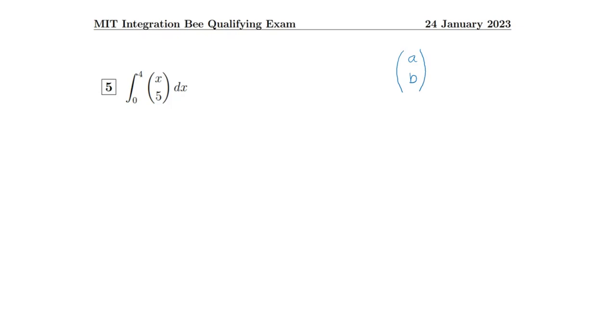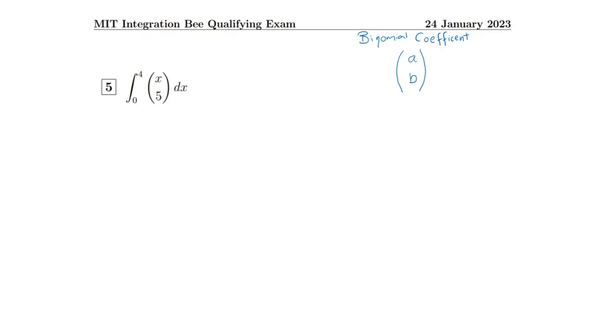This is the binomial coefficient, and this is a very succinct way of writing the coefficients for our binomials whenever we expand them.